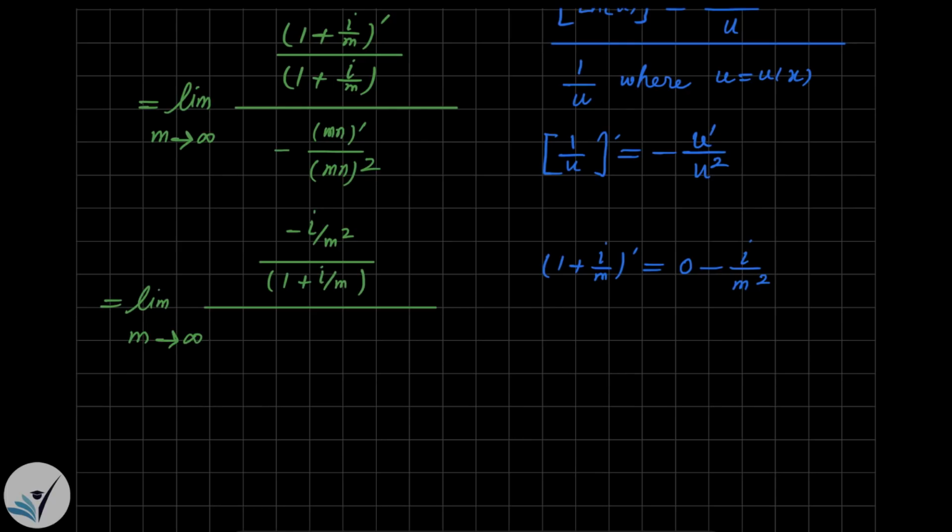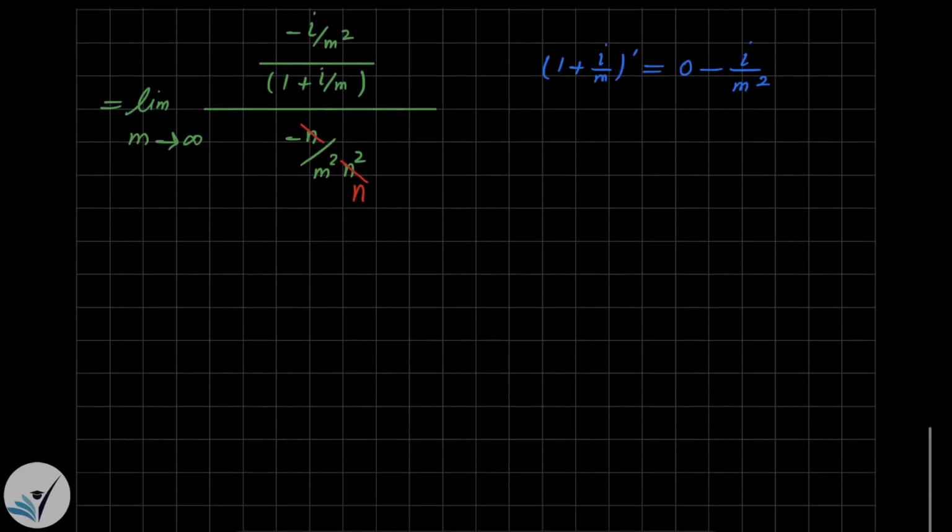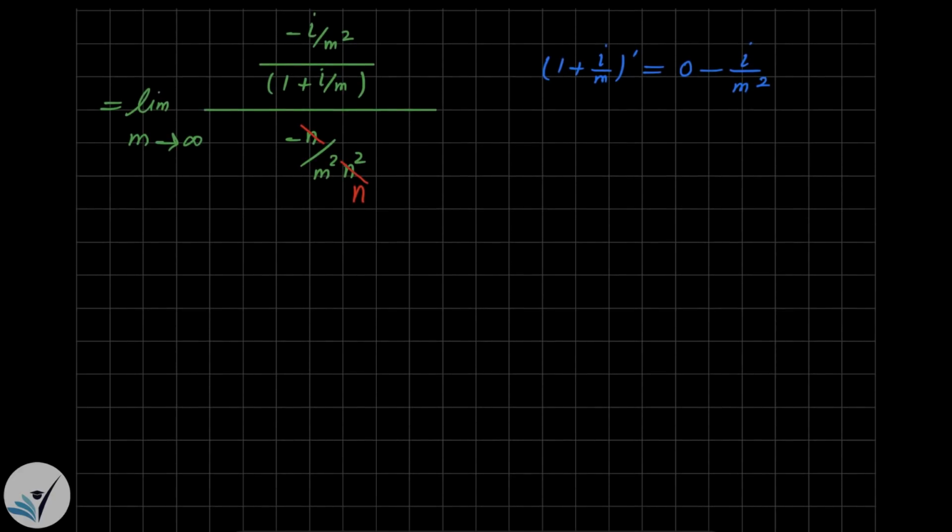In the denominator we have negative n divided by m squared n squared. And in the denominator we can simplify this expression. This n cancels out with n squared in the denominator, and we have n in the denominator. Let's continue. We need to simplify this fraction.